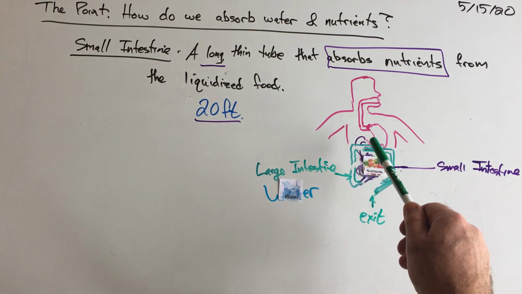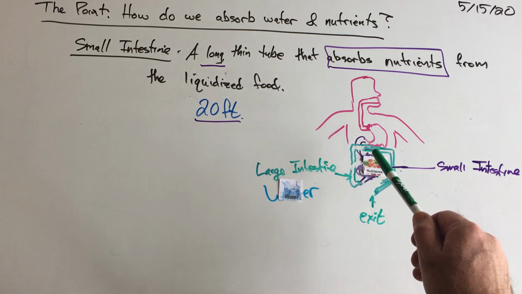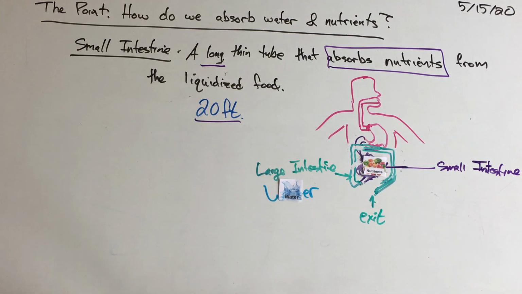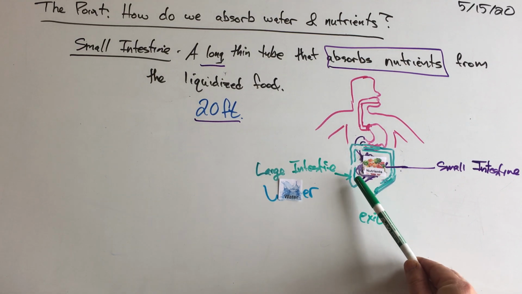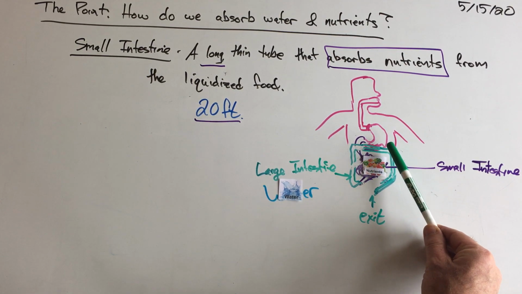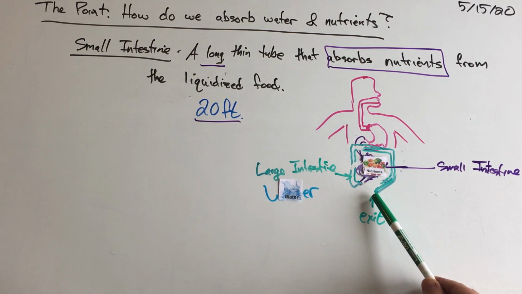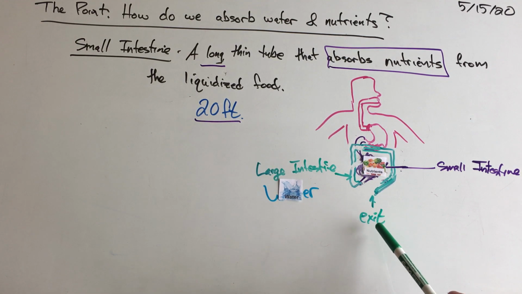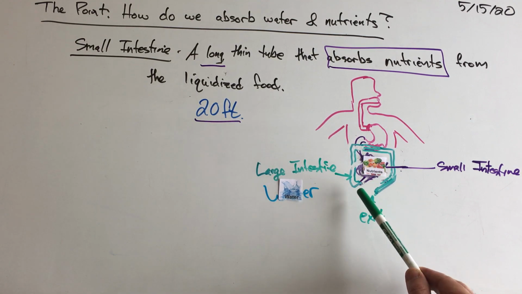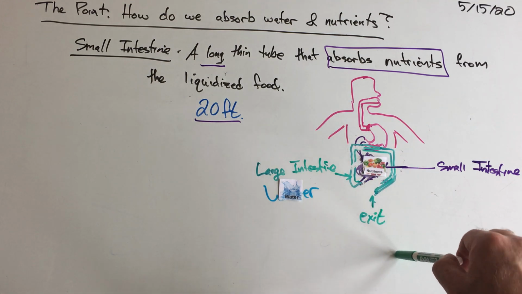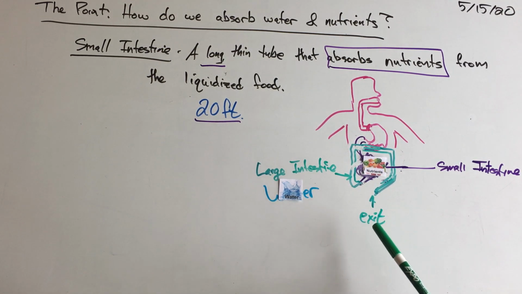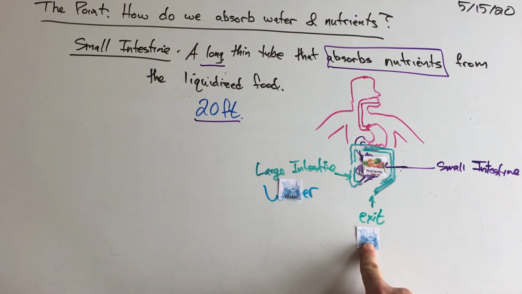It can even back up to the point where it backs into the small intestine and the stomach, and that's a real issue. That's surgery time. So we don't want it to go too slowly through the large intestine and pull out too much water, because then it's hard to pass, right? We also don't want it to go boom and fly through the large intestine, because that's called diarrhea, which again can be painful and uncomfortable, but also all that water is lost.